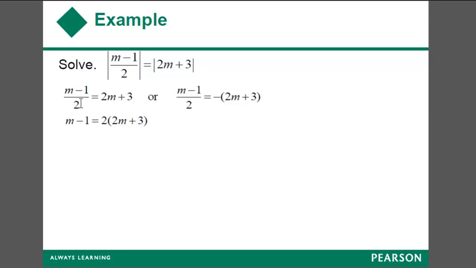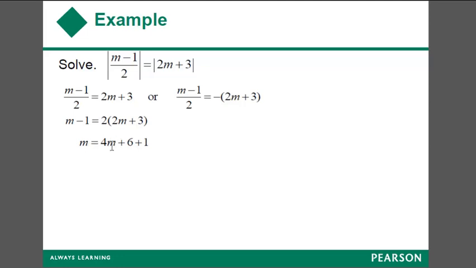In order to get rid of the 2 in the denominator, I multiply, and I get m minus 1 is equal to 2 times 2m plus 3. Going to distribute the 2, and I get 4m plus 6. I've also gone ahead and added this 1 to both sides and gotten this m by itself.